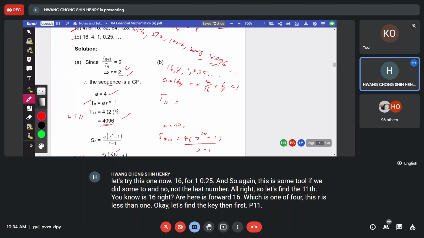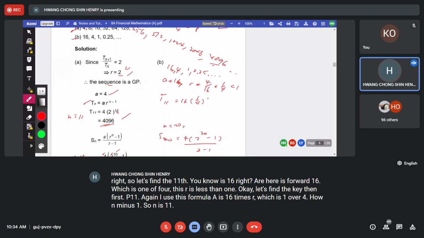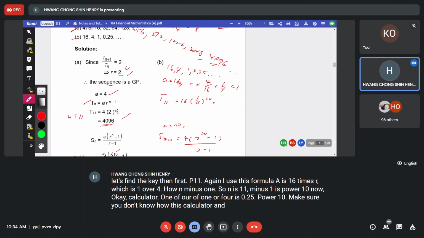T11, again, I use this formula. A is 16 times R, which is 1 over 4, power n minus 1. So n is 11, minus 1 is power 10. Okay, calculator, 1 over 4 power 10. 1 over 4 is 0.25, power 10. Make sure everyone knows how to use the calculator. Then you times 16.